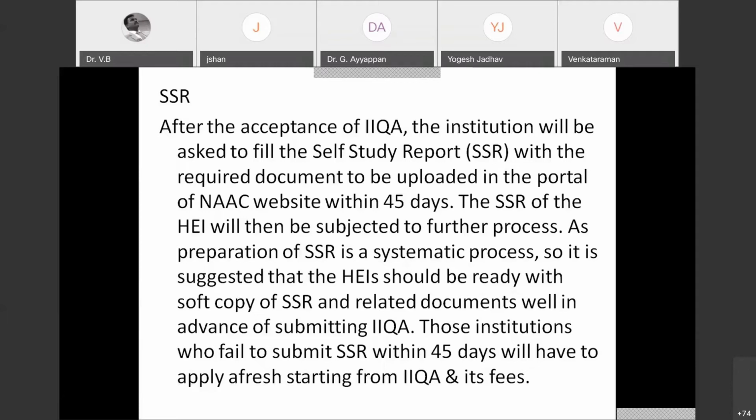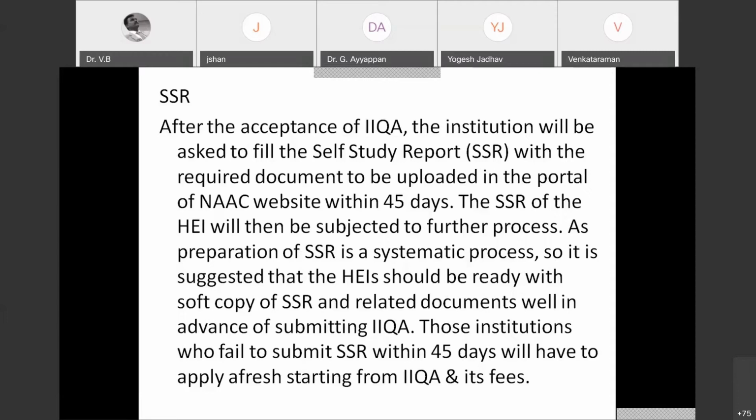As I told you, this self-study report has to be completed and uploaded in the portal of the NAAC website within 45 days. So it is suggested that institutions first start preparing the SSR, and once they are quite confident that they have got the SSR in a presentable format, then they can apply for the IIQA. Once you submit, the SSR will then be subjected to further process.